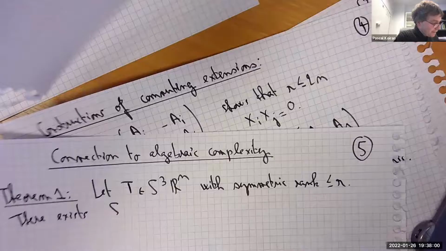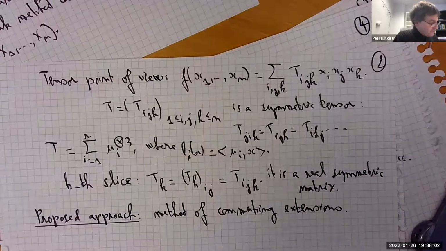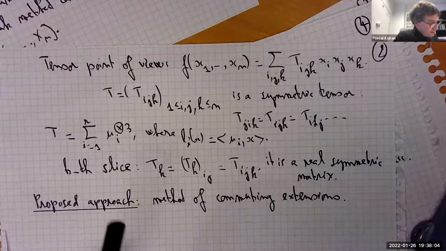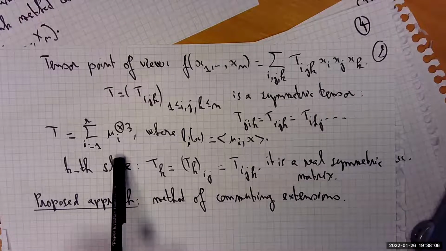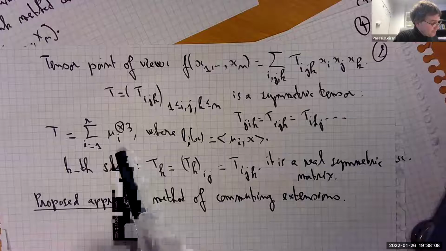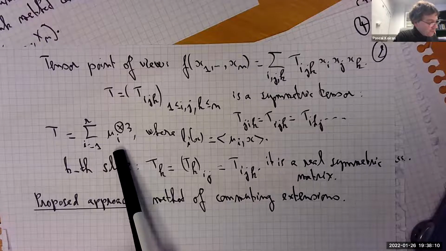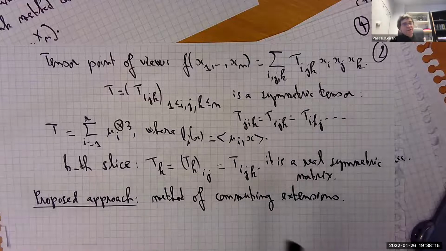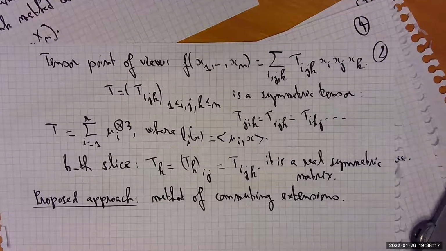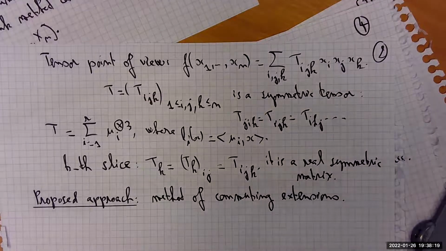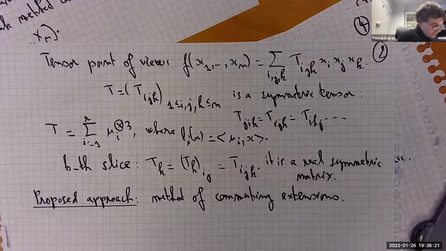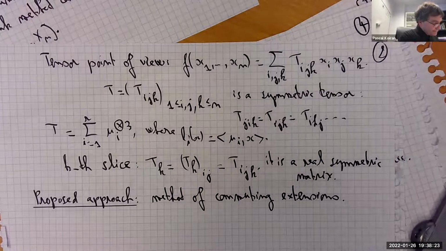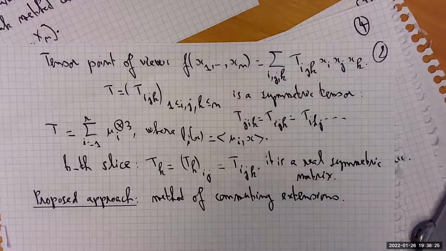It's the number of terms that you need to express the tensor. Oh, Waring rank. Okay, so equal to Waring rank. Yeah, it's another name for the Waring rank. Exactly.